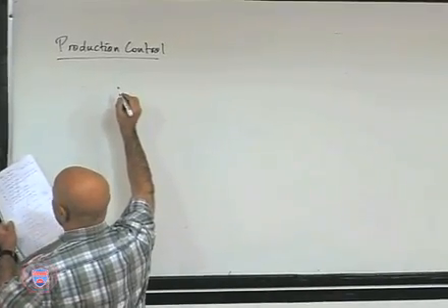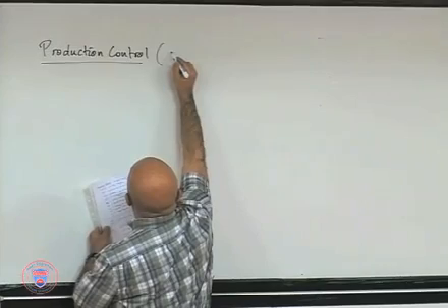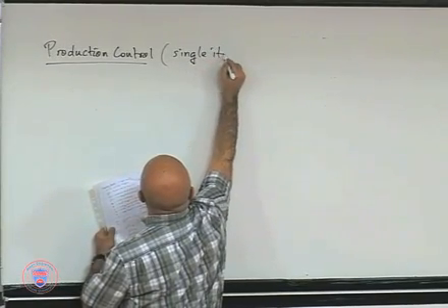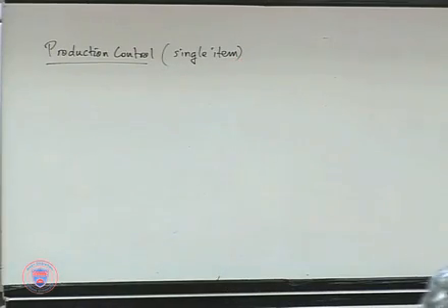This production control example is also from Bazaraa, Jarvis, and Sherali. Again, it's for a single item, which may be an aggregation of many different items.